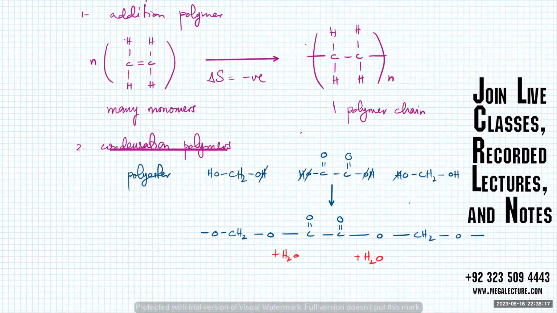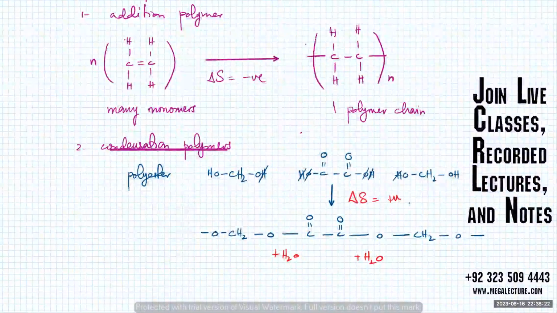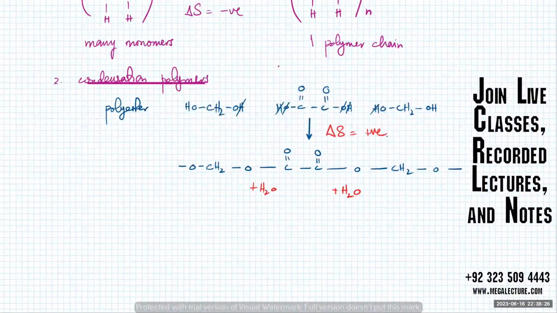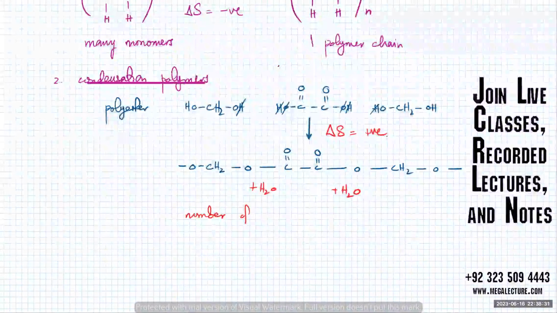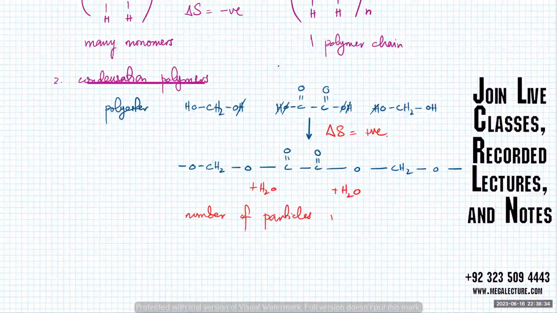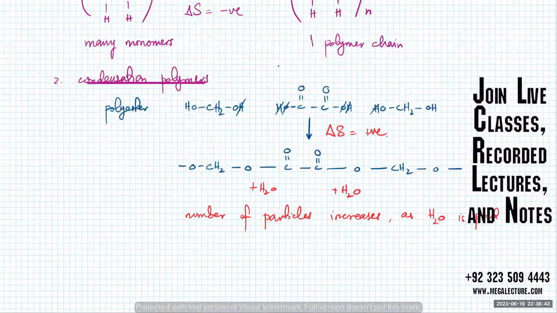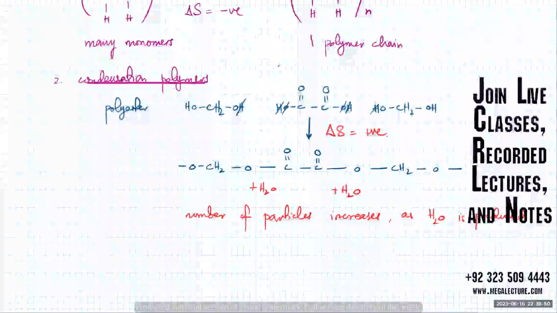Okay, this one is going to be positive because the number of particles is increasing because of the water molecules getting released. So every time H2O gets produced, that's why. That's it. Delta S is positive, delta S is negative.